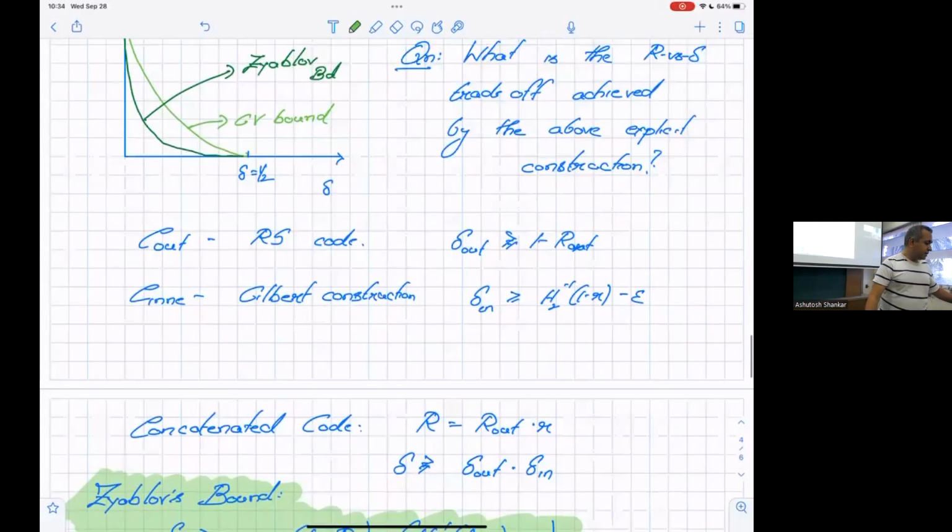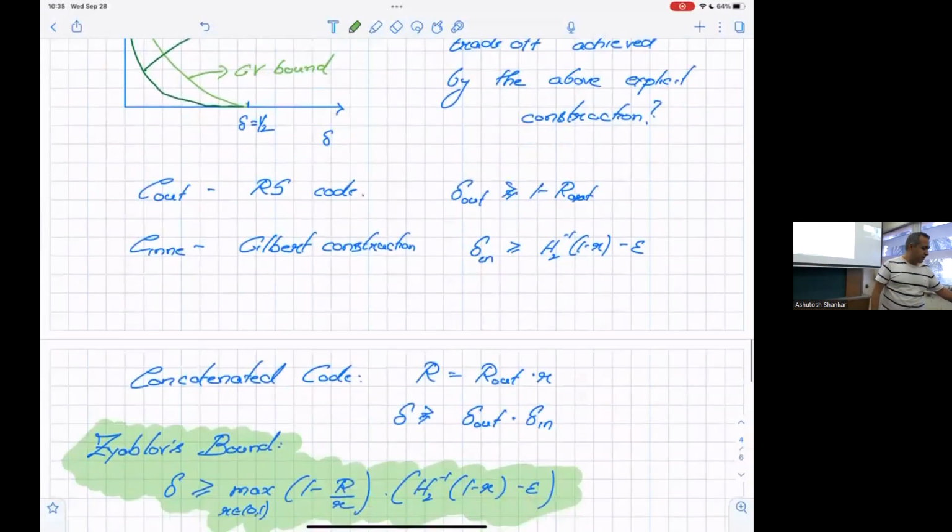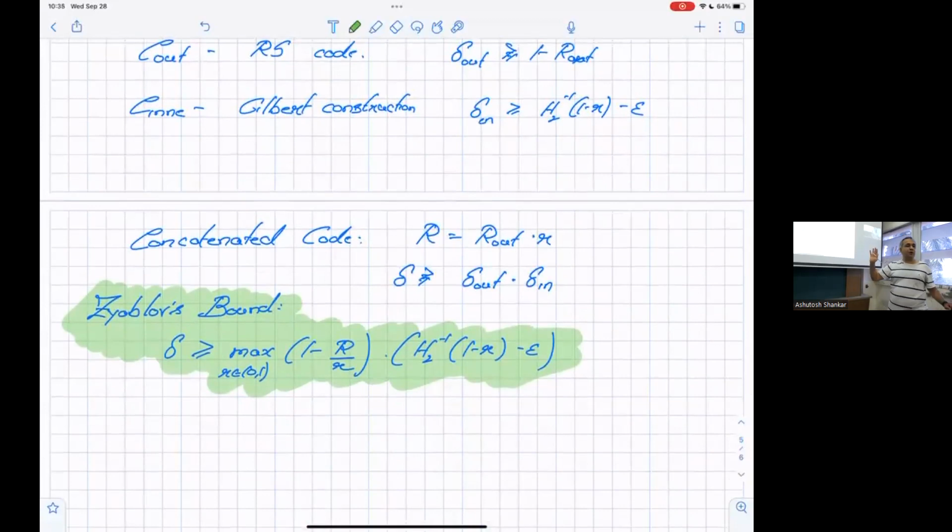It's always considerably smaller. In fact, if you look at rate around one half, then the difference is half minus epsilon. What does the GV bound give you? The GV bound gives you codes with rate omega of epsilon squared. We saw this calculation. What does the Zyablov bound give us? If you actually look at this one, it's not a hard exercise, you can find out. It will give you omega of epsilon cubed.